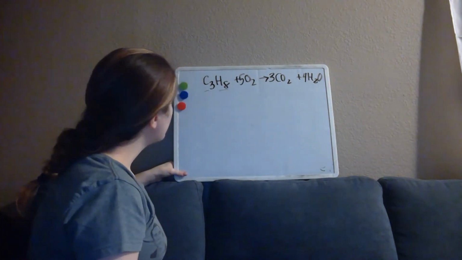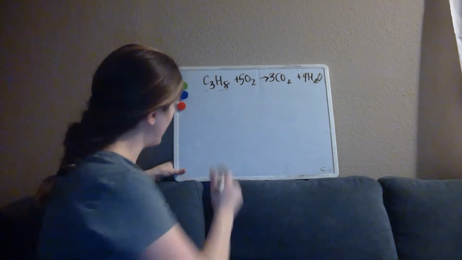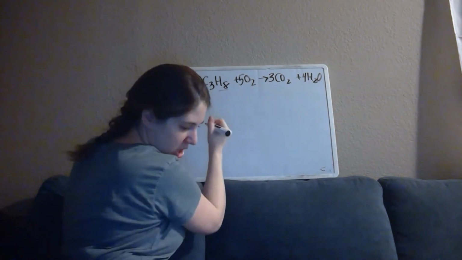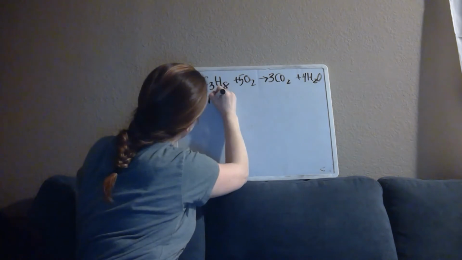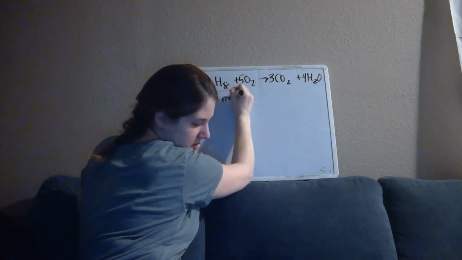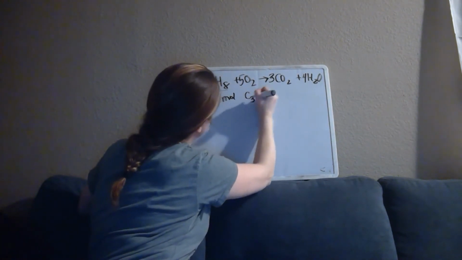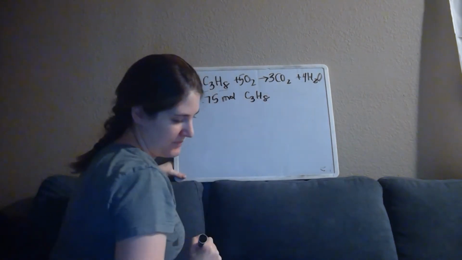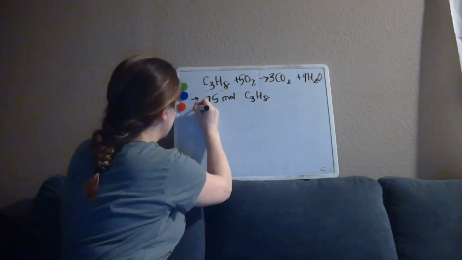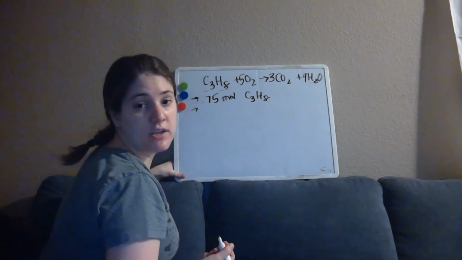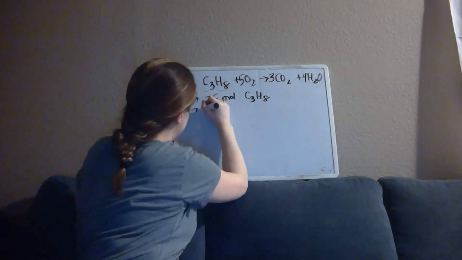So now, what if I were to tell you you're starting with 0.75 moles of propane, and I want to ask you how many molecules of carbon dioxide will form?